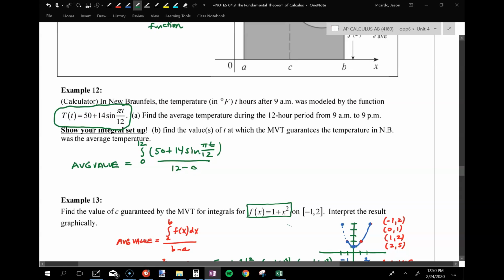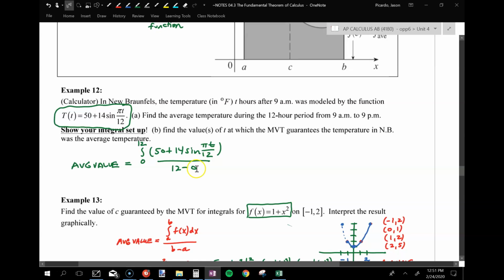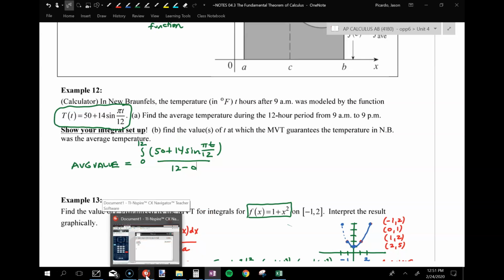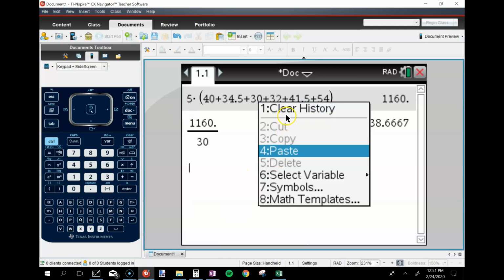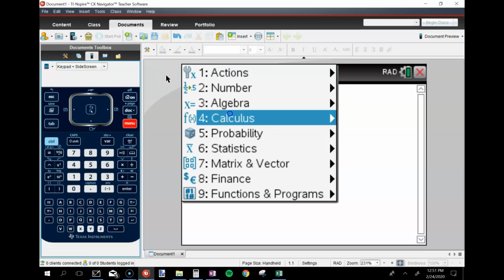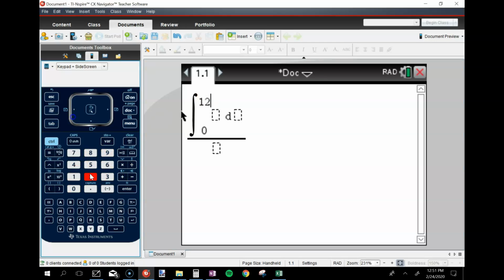Check it out. Now, fortunately for us, this is a calculator question, right? So I'm going to take this and we're going to plug it right in. So I am going to do an integral from 0 to 12 of 50 plus, is it plus?